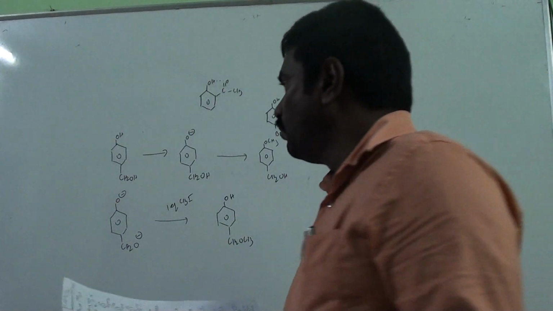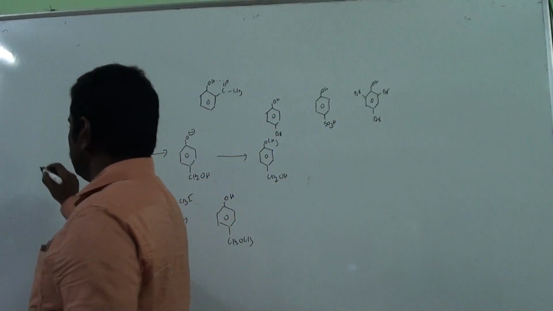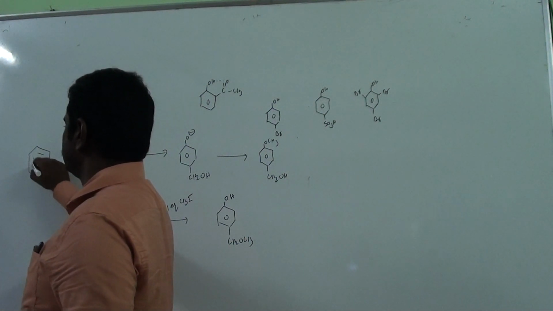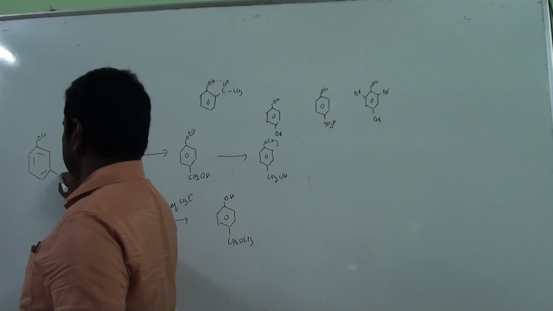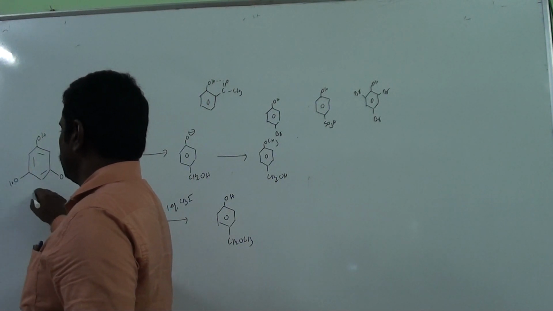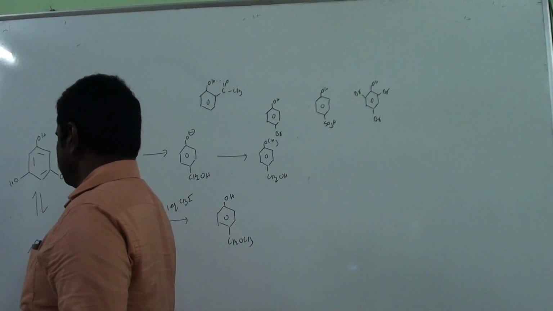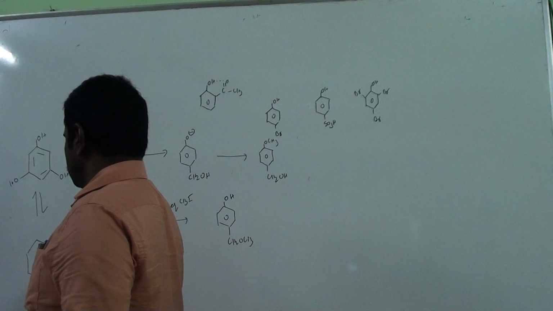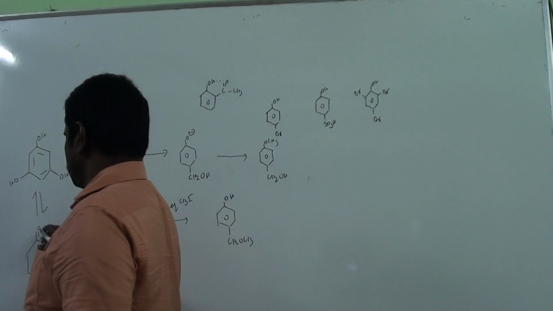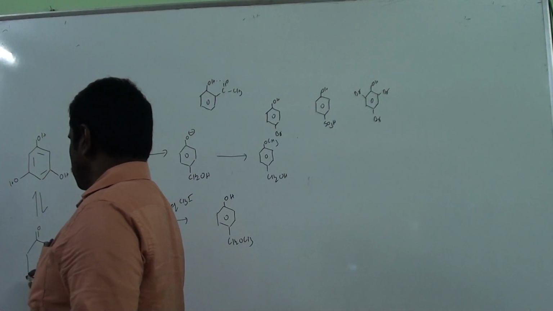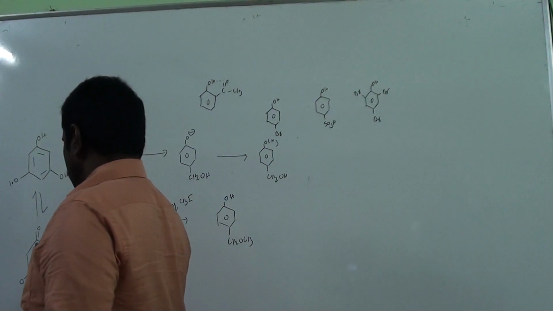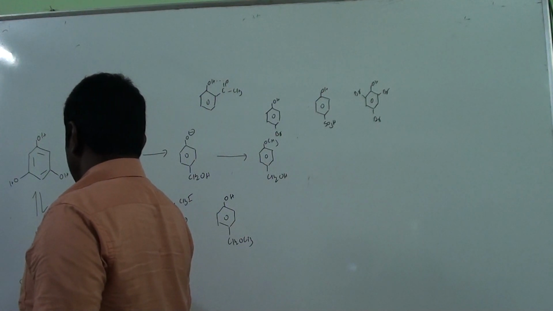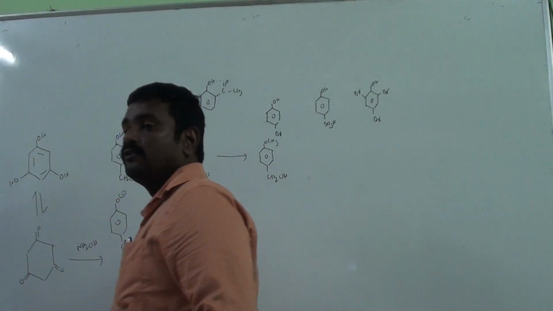Third, 1 mole phloroglucinol. See, this phenol will exist in tautomer form. The corresponding tautomer will be, this is the tautomer. So when NH2OH, last class we did, NH2 acts as a nucleophile.